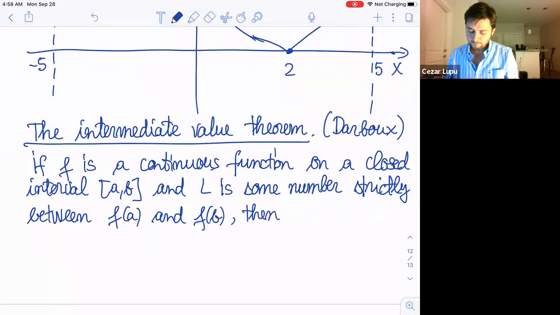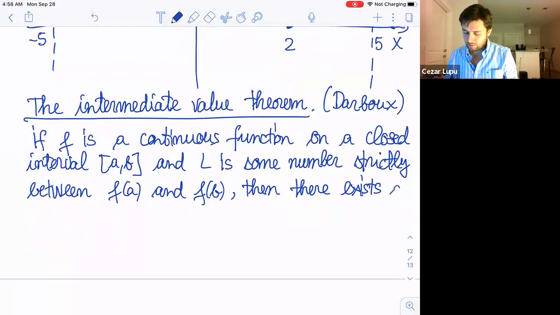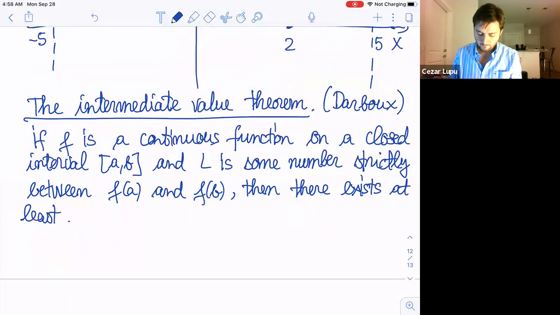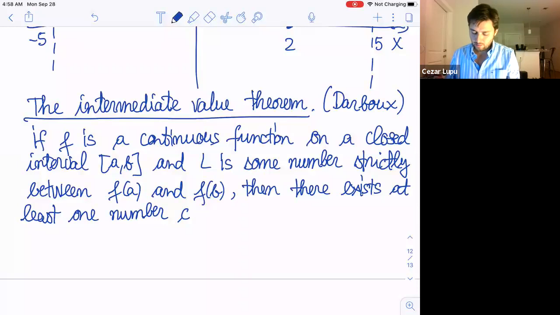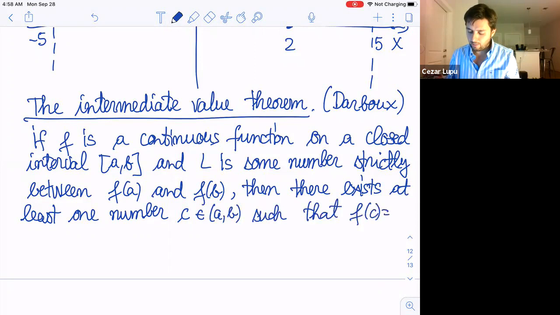Then there exists at least one number c, which is in the open interval (a, b), such that f of c is L.